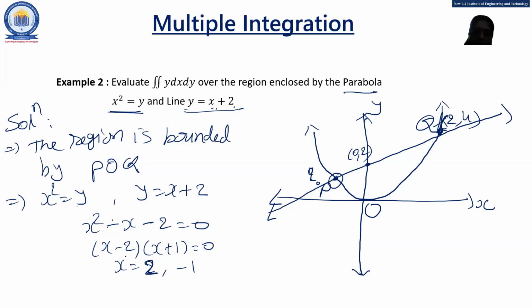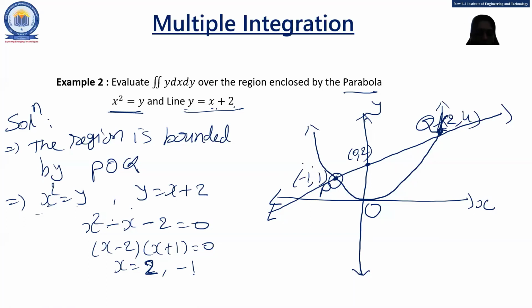So here, if I substitute x equal to minus 1, what is the value of y? Value of y is 1. So this point is minus 1, 1. Now got it? I want to find this point P, and this point is minus 1, 1.